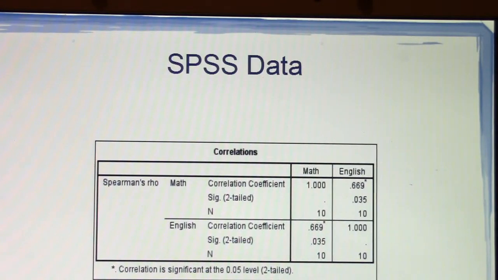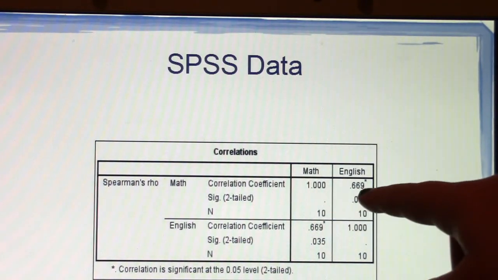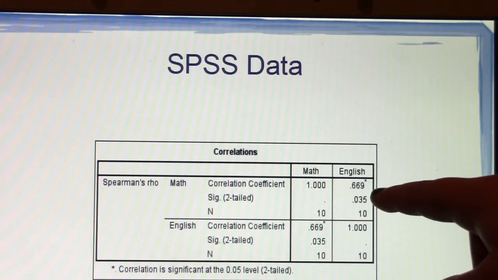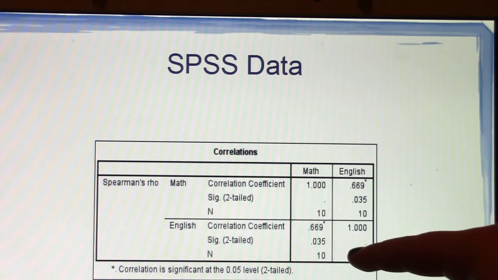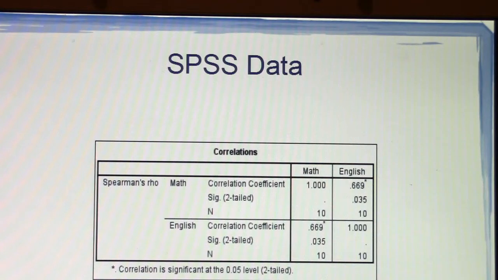You will see that the correlation coefficient between math and English is 0.669. And again, here for English and math, it is 0.669. When we did our calculations, we got a 0.67, so that is definitely, if you rounded up that 0.669, that would round up to 0.67. So it seems that my math was correct.